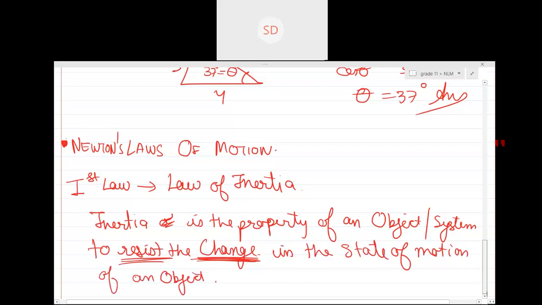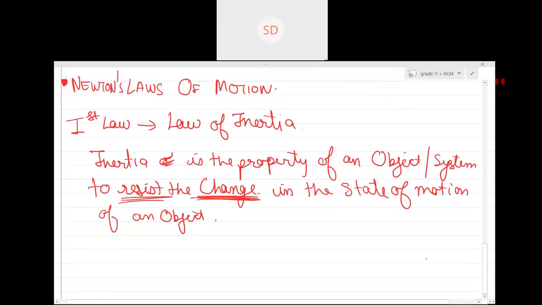Okay? Is this clear? Do you remember, in ninth grade we have already discussed inertia? You might be familiar with inertia of rest, inertia of direction, inertia of motion, right? If an object is at rest, it will try to remain at rest.